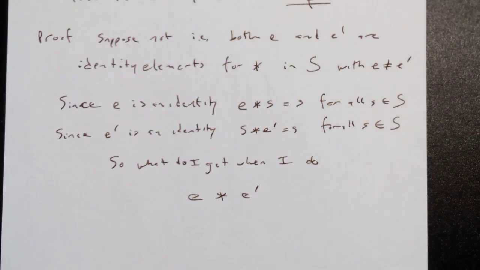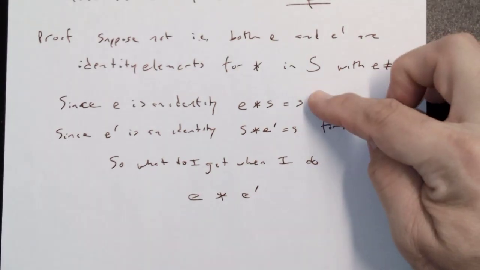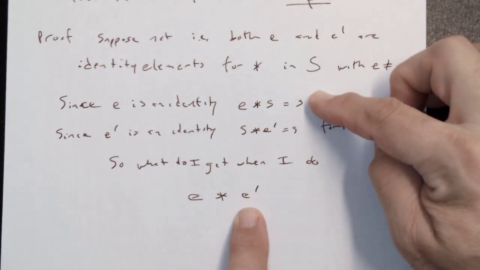Remember, I said this is a proof by contradiction. So I should get a contradictory statement at some point. I think I get it here. What should the answer to this question be? According to this sentence, the answer should be E prime.